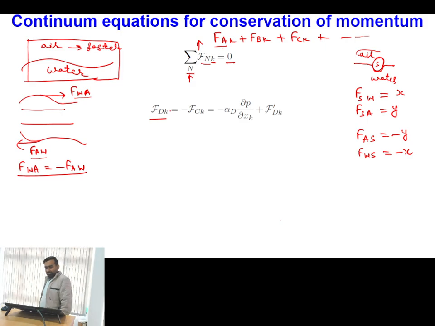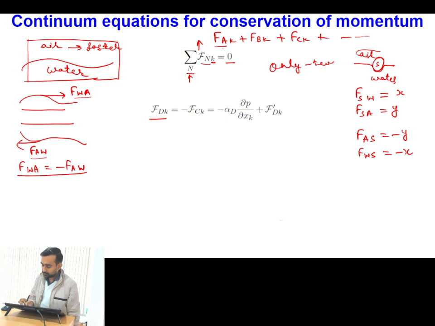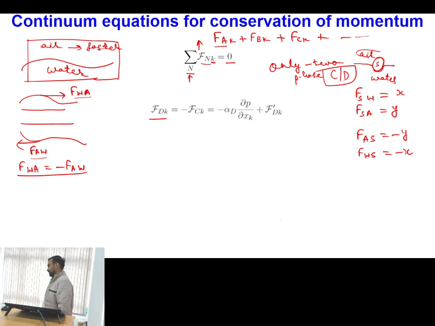If I assume that I only have two phases present in the system, one continuous and the other a dispersed phase, then in this scenario, the interaction force acting on the dispersed particle in the kth direction will be equal to minus the force acting on the continuous phase in the kth direction.